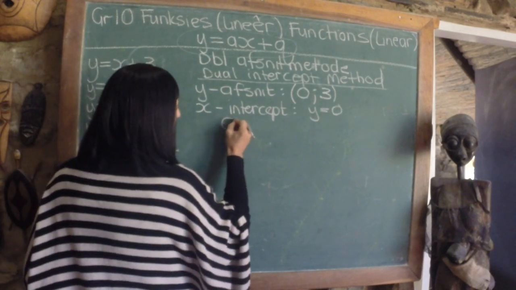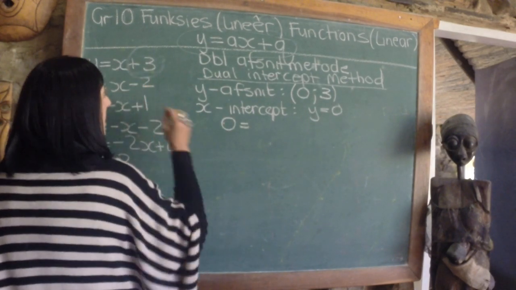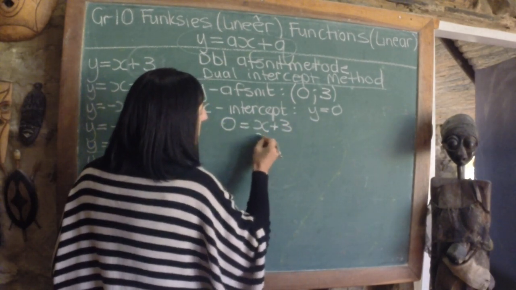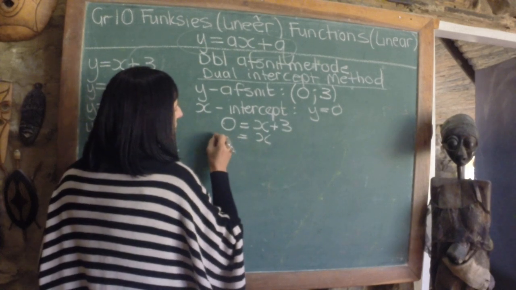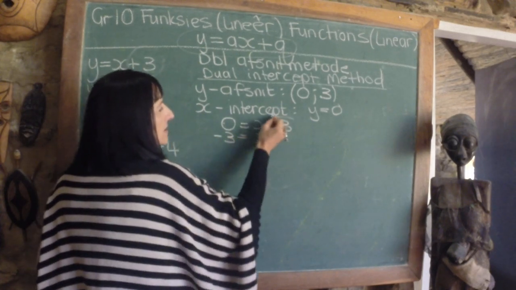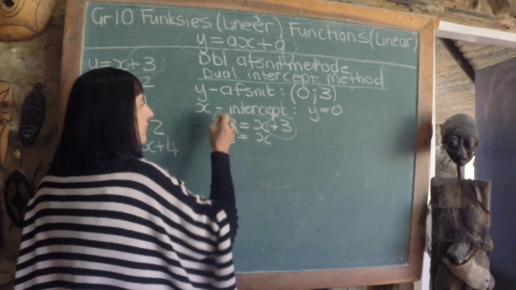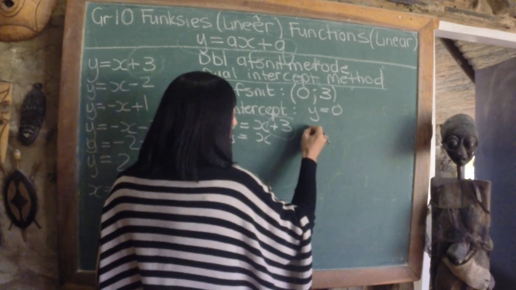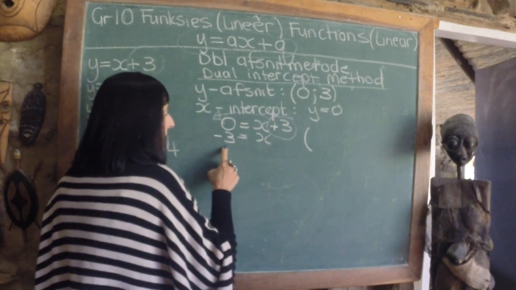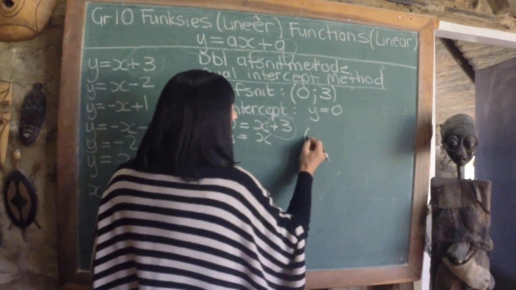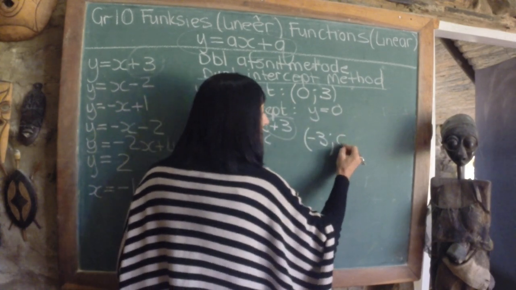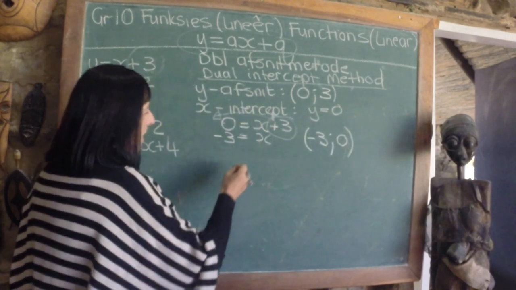So ons gaan sê, 0 is gelyk aan x plus 3. So let's get x alone on the one side, and we're going to determine the x-intercept. As ons hom oor die is gelyk aan vat word, draai die bewerking op. So wat is my, write down the coordinate, wat is my x-afsnit nou? Minus 3. En wat is my y-waarde altyd dan? 0.